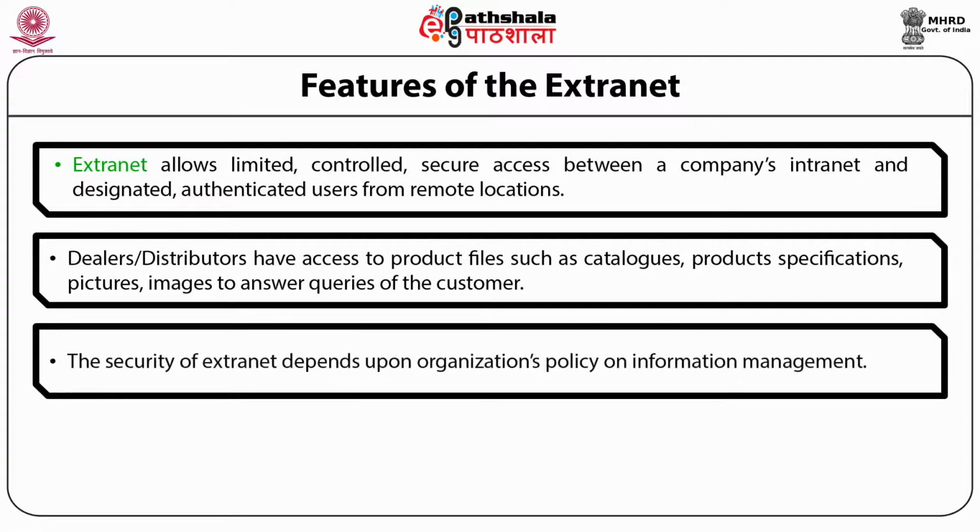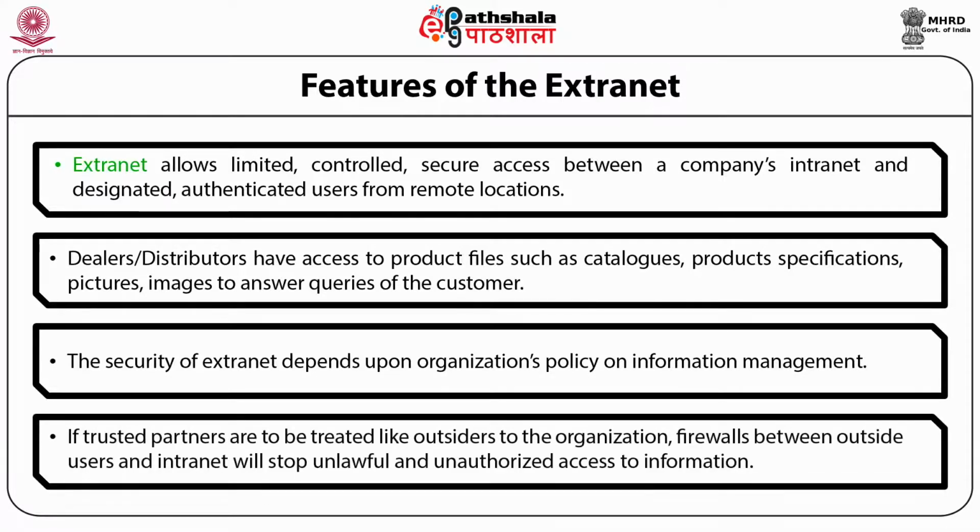The security of extranet depends upon organization policy on information management. If trusted partners are to be treated like outsiders to the organization, firewalls between outside users and intranet will stop unlawful and unauthorized access to information.